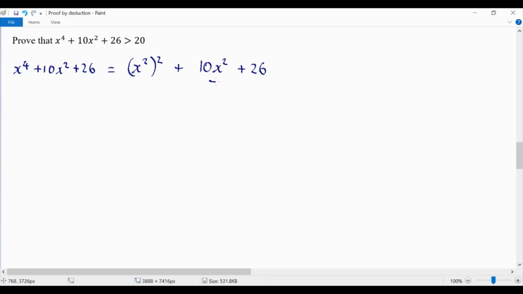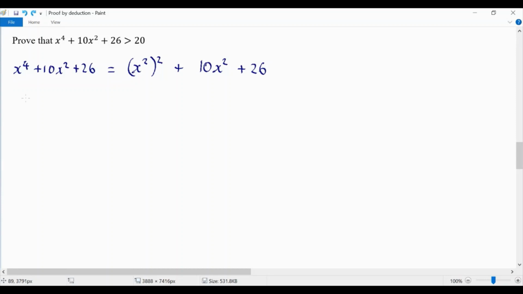I've got another thing squared, which has also got to be positive, that's then being multiplied by 10, so it's got to be positive, added onto a positive number. So that stuff has all got to be positive, and then we're adding on 26. So we had something that was either 0 or positive with 26 added onto it. It's got to be greater or equal to 26, and therefore that's why it's got to be greater or equal to 20.